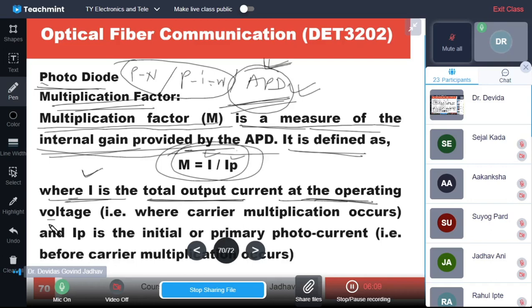That is where the carrier multiplication occurs. Total output current at the operating voltage, after the carrier multiplication. And IP is the initial or primary photocurrent by absorption of photon.